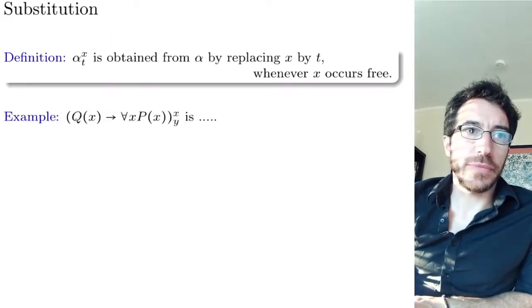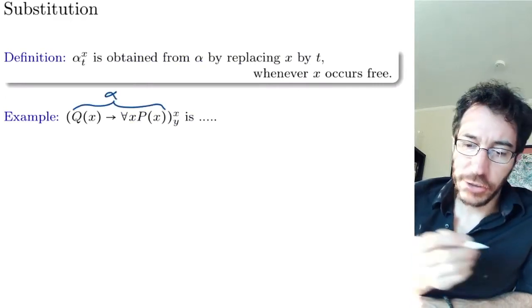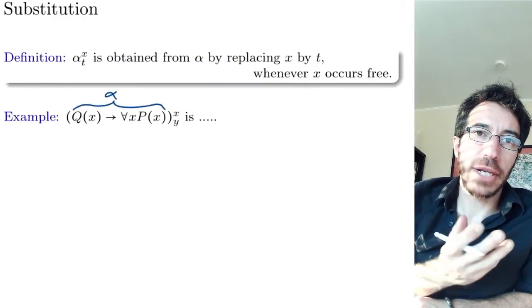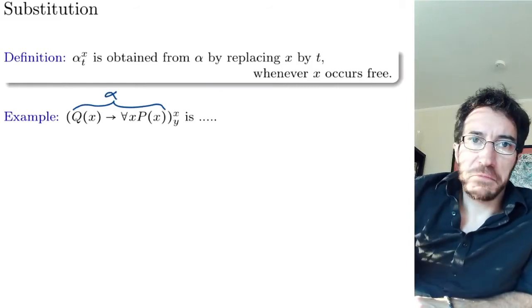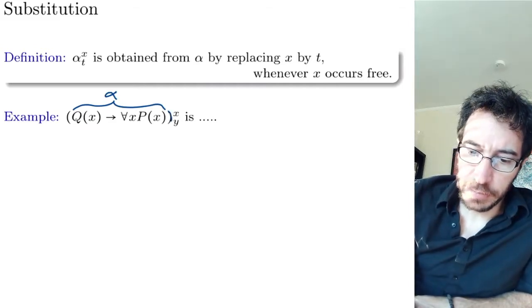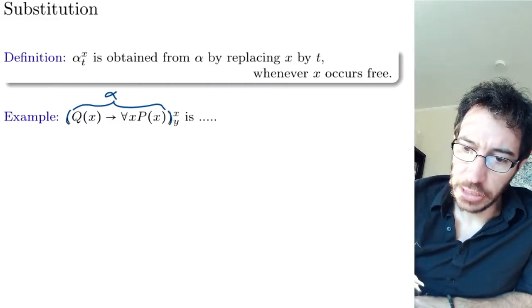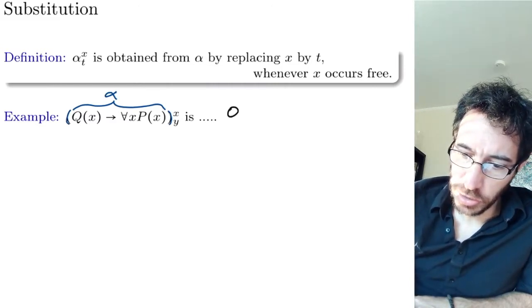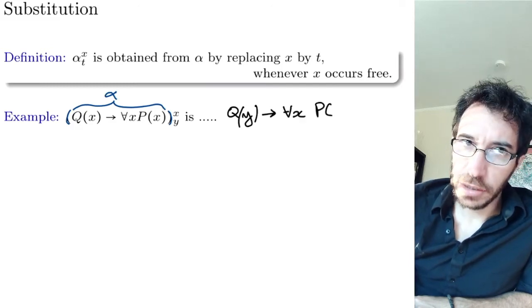So for example, here is your formula alpha, and q and p are predicate symbols, relation symbols that are in the vocabulary, whatever the vocabulary is. And it says replace x by y. So what you're going to obtain is q of y implies for every x p of y.